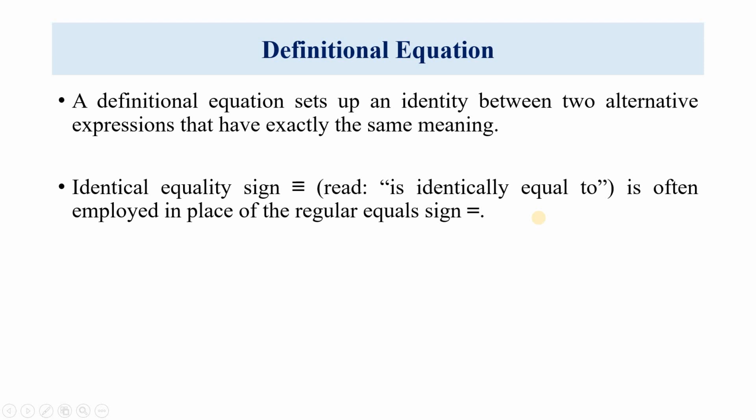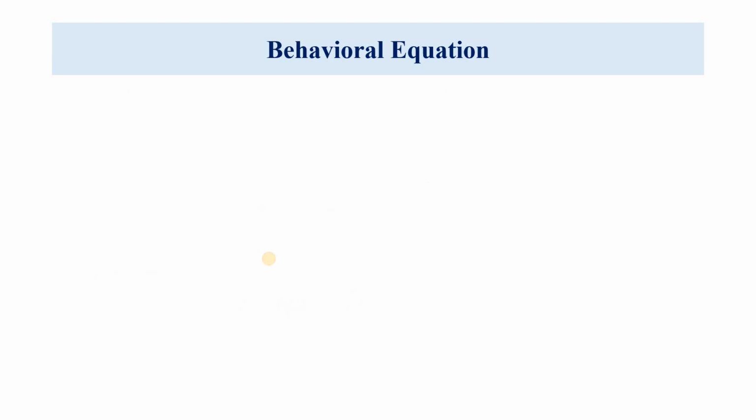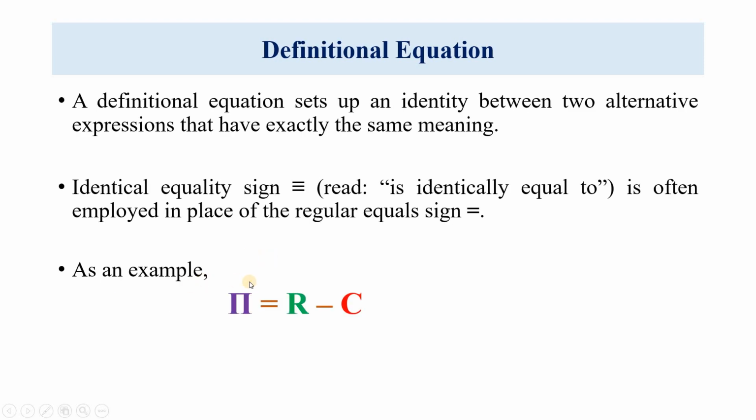As an example, total profit is defined as the excess of total revenue over total cost. We can therefore write from our previous example pi equal to R minus C. That means revenue exceeds over total cost, that is profit.